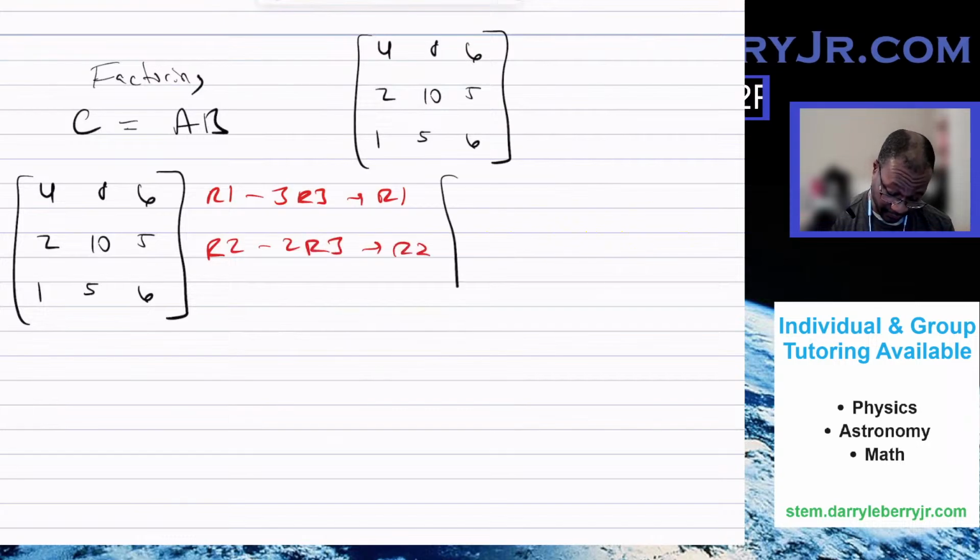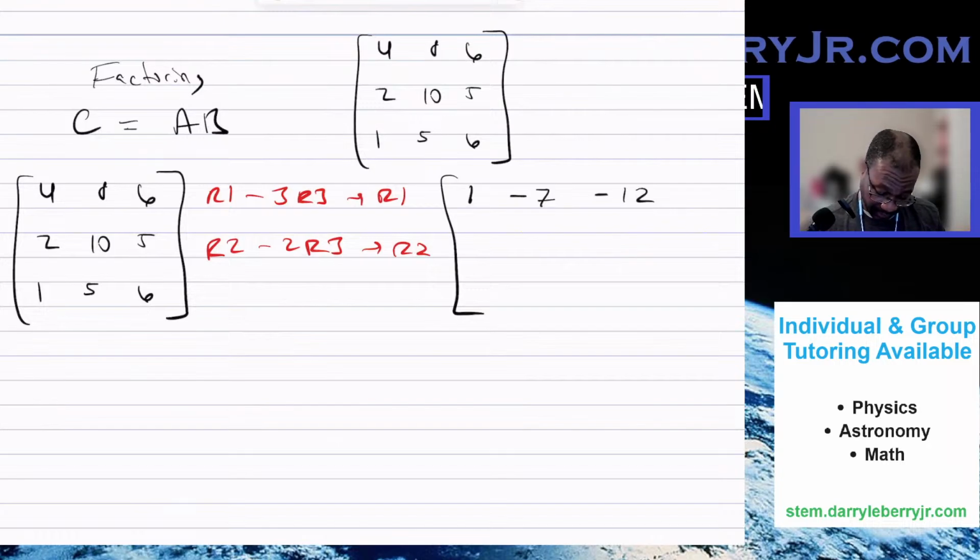So let's see what we have. 4 minus 3 is 1. 8 minus 15, that's negative 7. And 6 minus 18, negative 12.